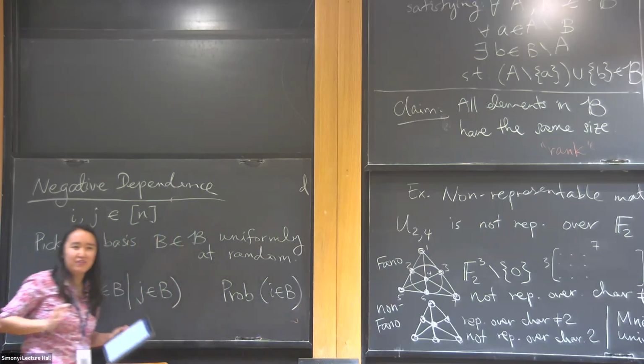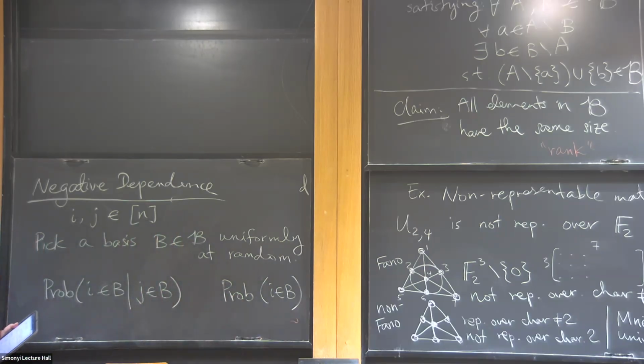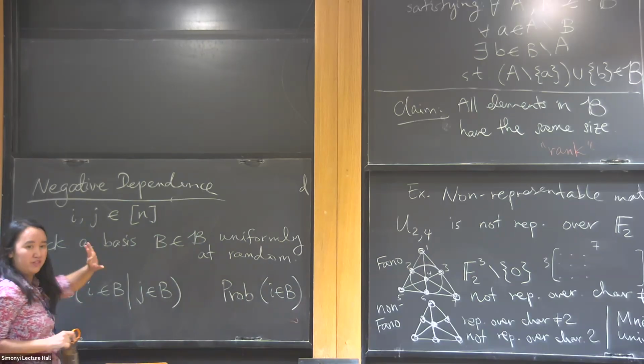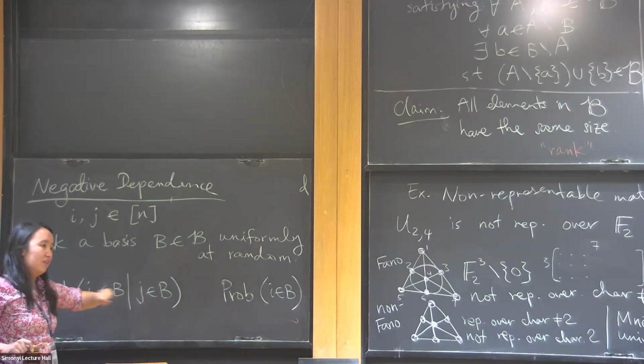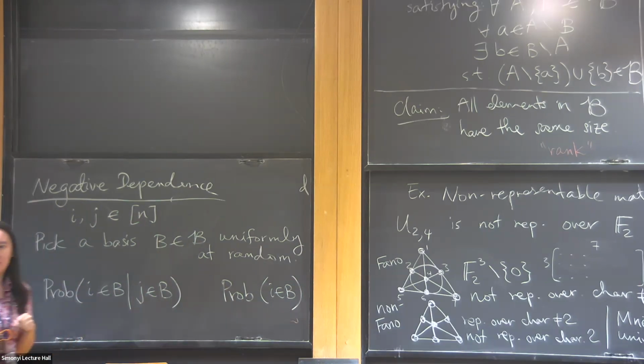Does anybody have a feeling on which one of these should be bigger? Think about a graph and a spanning tree. My I and J are fixed. I already know that one of the edges is already in my basis. Does it make it more likely that my other thing is also in my basis, or less likely?